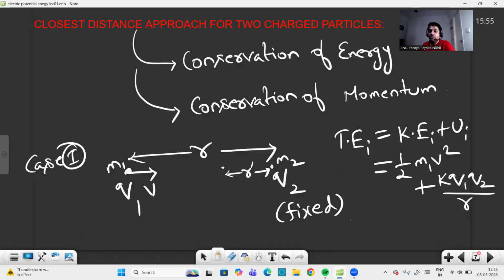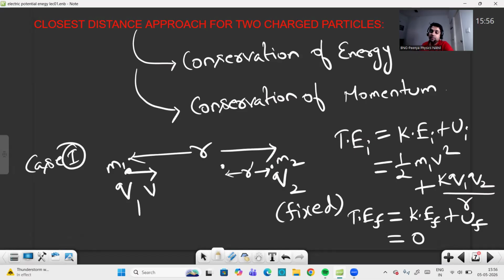Now next, let the charge come to the point where the distance between them becomes r dash. At that time, the total final energy will be the final kinetic energy plus the final interaction energy. As the charge cannot move any nearer, the final kinetic energy will be 0 because its speed becomes 0; only then can it not go nearer to Q2.